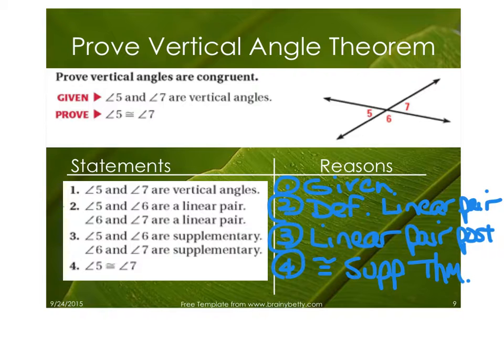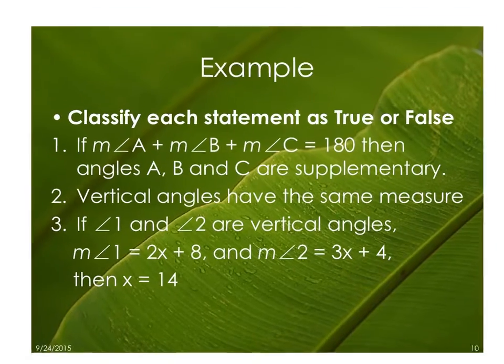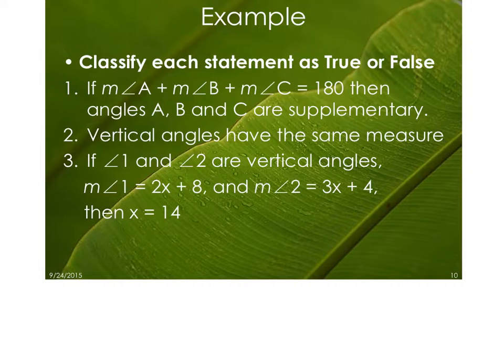Last slide. Let's see what it says. Okay, so we have some examples here, and we need to classify these as true or false. The first one says, if the measure of angle A plus the measure of angle B plus the measure of angle C equals 180 degrees, then angles A, B, and C are supplementary. True or false?